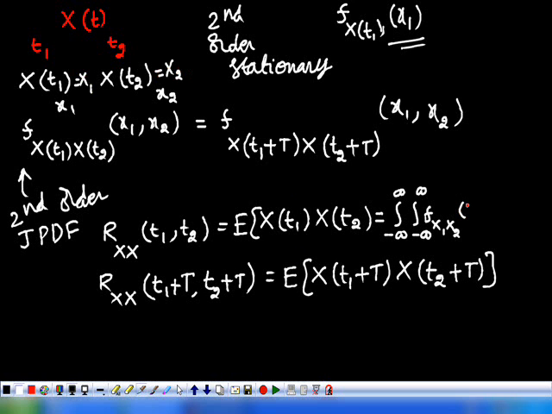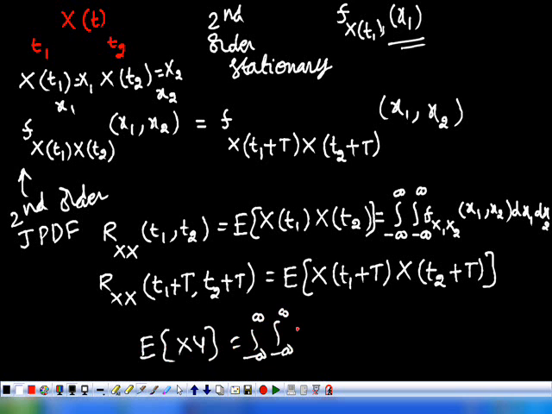So f of x1, x2 dx1 dx2. See, what is the expectation of xy? The expectation of xy can be written as the integral from minus infinity to plus infinity of xy, here x1 into x2. Understood that?